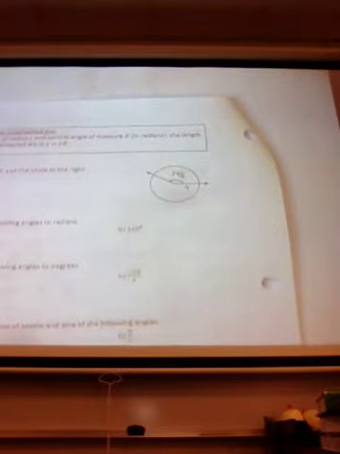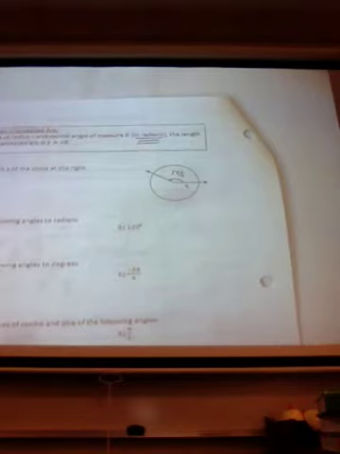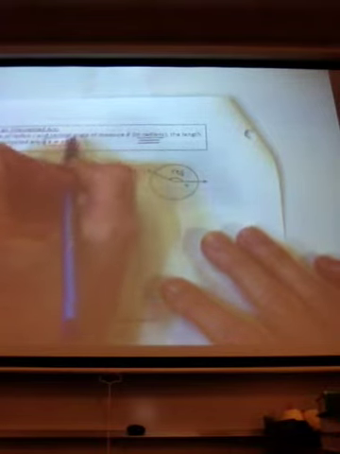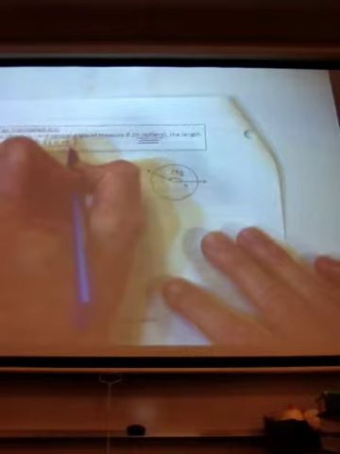The length of an intercepted arc for a circle of radius r and a central angle theta in radians, it's in radians, the length S of the intercepted arc is S equals the radius times theta. Theta is in radians, not degrees. This stands for the length of your radius.